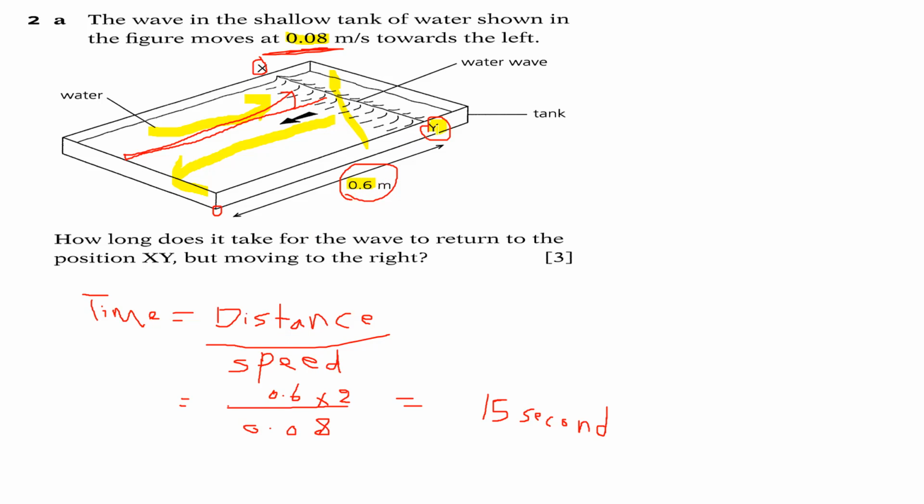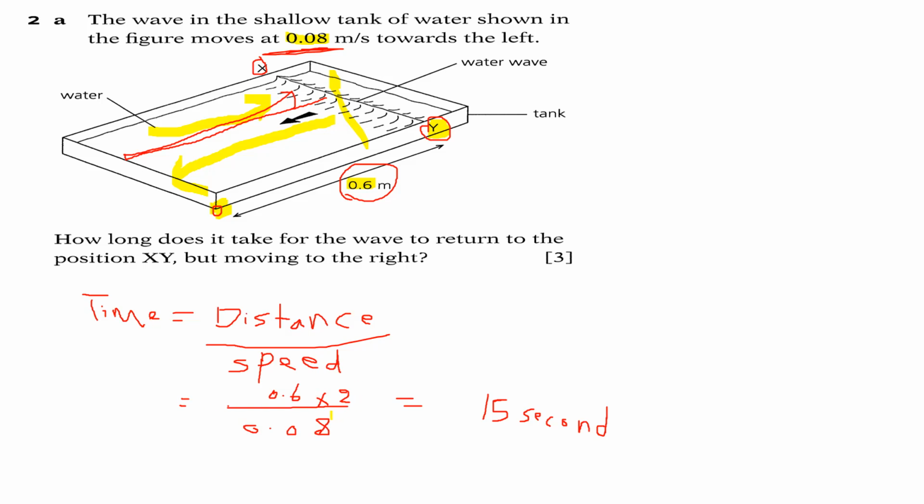from this point y to this point, but the wave will move from this y to this point, and it goes back again. So 0.6 plus 0.6.